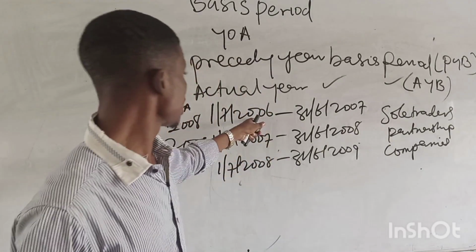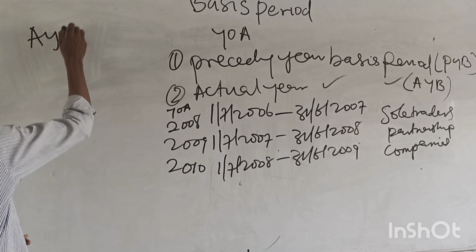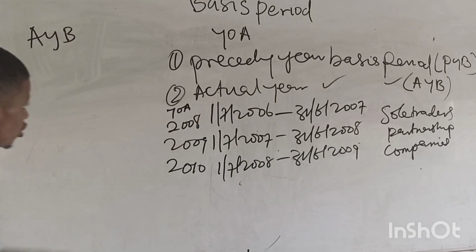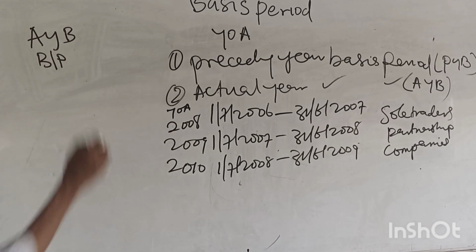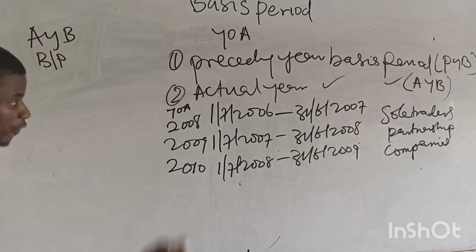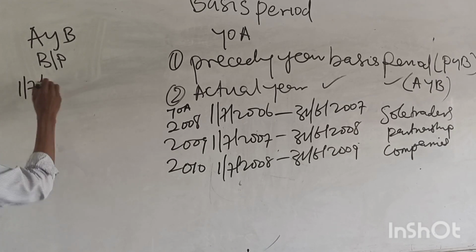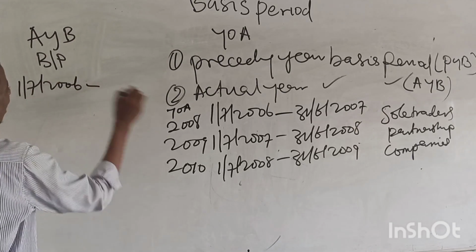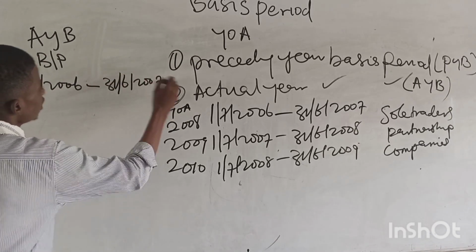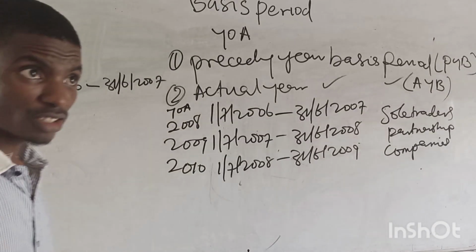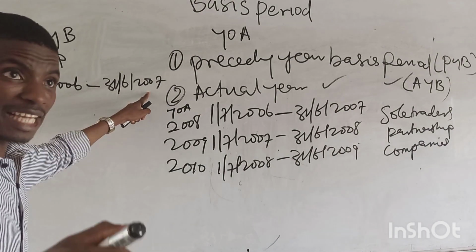So, using the same example, assuming the business started on 1st July 2006 and made up its account on 31st June 2007, the actual year basis period is trying to say that the year that the business makes up its account will still be the same year that the business will be subjected to tax.